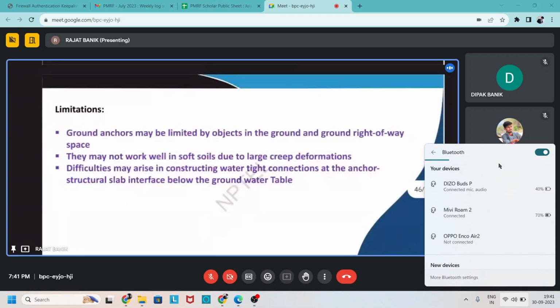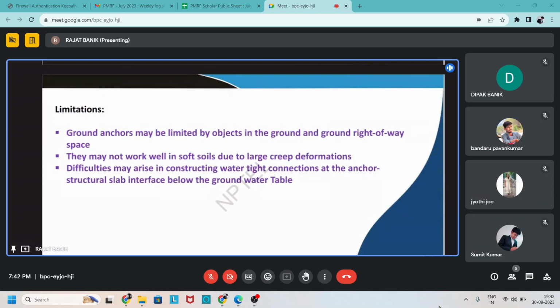Now the limitations. It is said that ground anchors may be limited by objects in the ground and ground right-of-way surface.